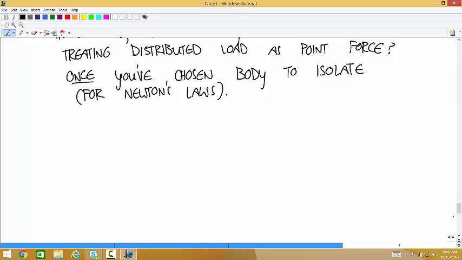So let me just go through an example with a distributed load, and I'll try to point out what would go wrong if you didn't follow this rule. All right, so let's say we have a cantilever beam.